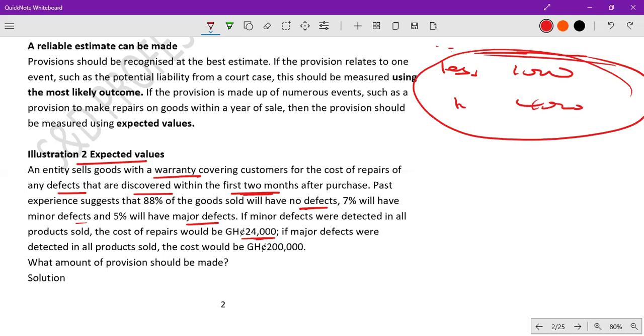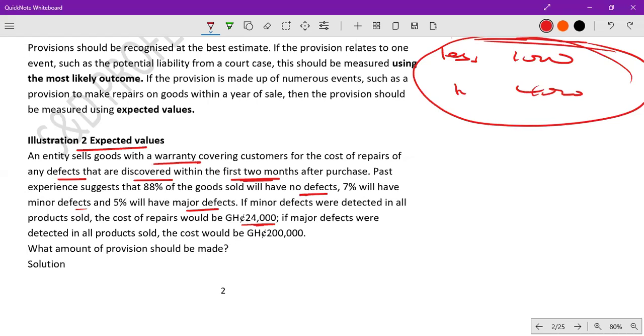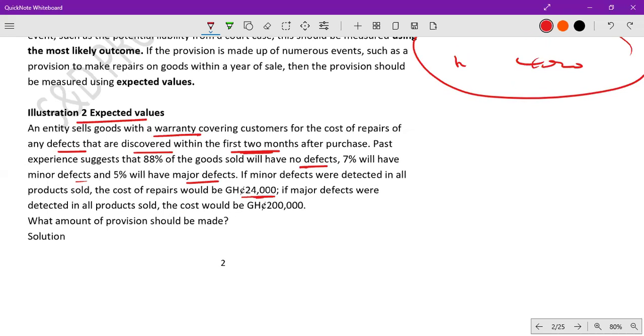So what would be the provision that should be made? It should be based on the expected value. 88% will not have any defects. So you make the probability based on the expected value of the defects.